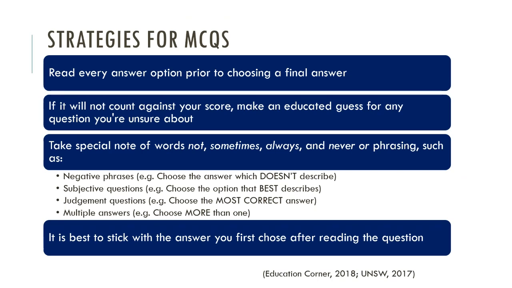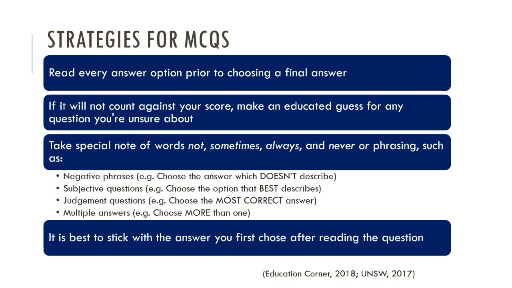You also need to take special note of words such as not, sometimes, always, never, or negative phrasing, which uses words like doesn't describe. You might get a stem that says choose the answer which doesn't describe.